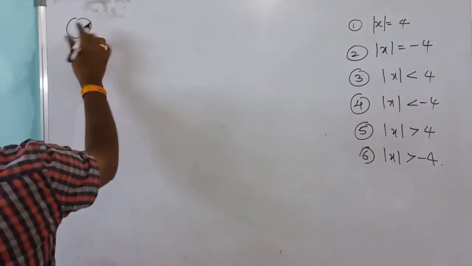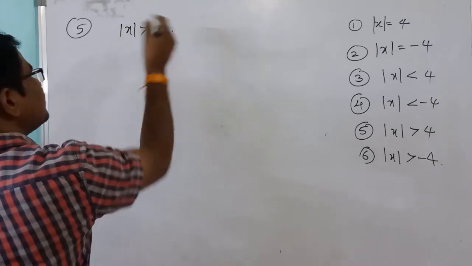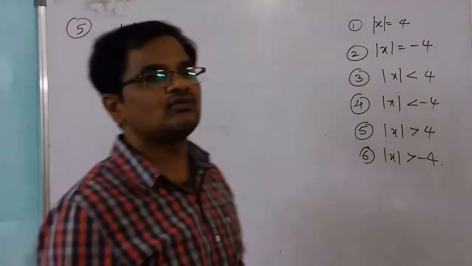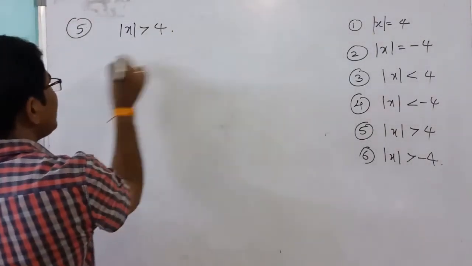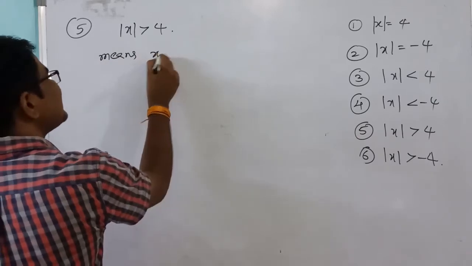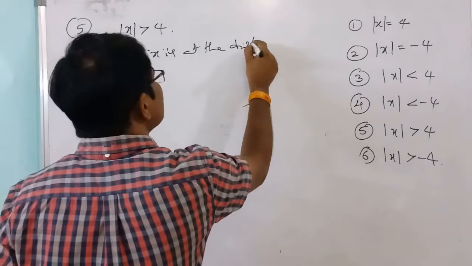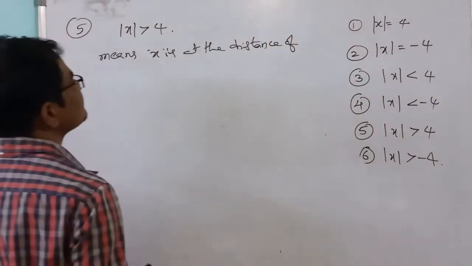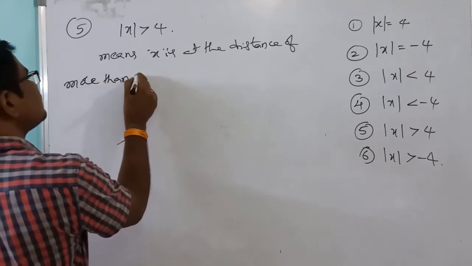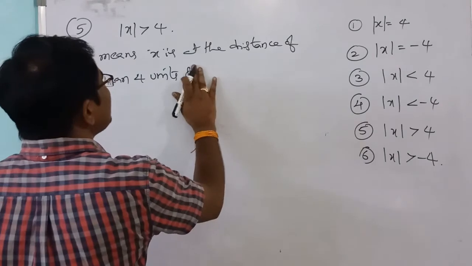Next, the fifth one. Mod x greater than 4. This is also an important one. Listen carefully. Mod x is greater than 4, means x is at a distance of more than 4 units from the origin.